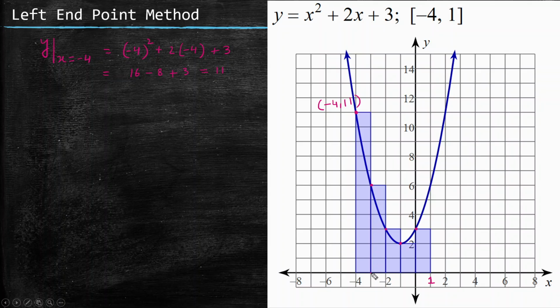Now we can find the y value at x is equal to -3. So the y value will be 6. So -3 comma 6. Y when x is equal to -2.